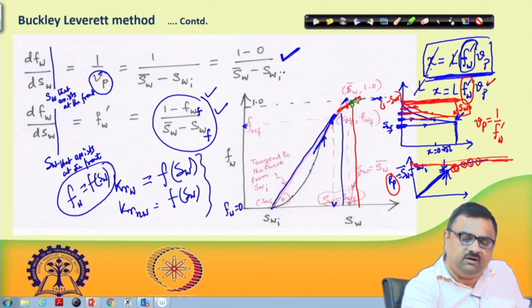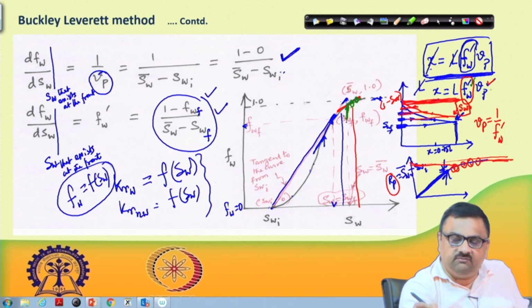So, let us say this point, this point. This is the outlet saturation at that time. Beyond this outlet saturation, whatever saturation values are there, the FW prime will be different, and you have to put those corresponding FW prime. VP is the same as 1 by FW prime corresponding to the outlet saturation that you have chosen to start with. So, that VP will remain there.